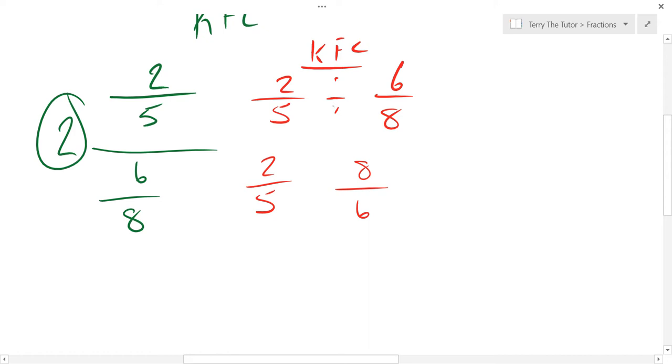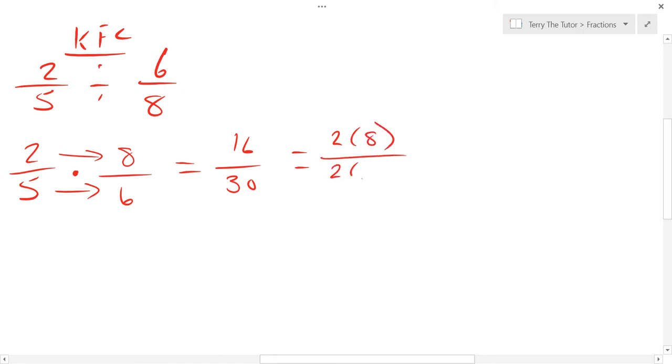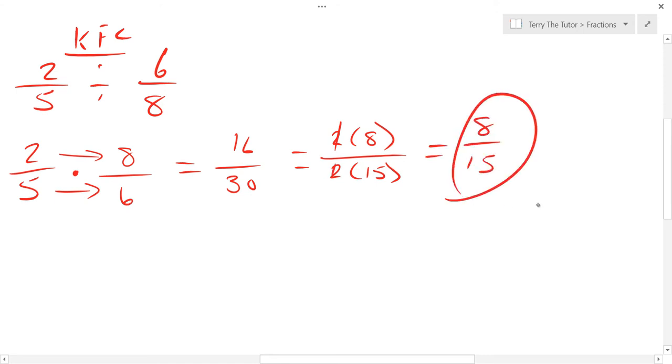I'm going to change the division sign to multiplication. So, multiplying straight across, I get 16 over 30. I can factor out a 2 out of 16 and 30, so 16 is 2 times 8, 30 is 2 times 15, and the 2's cancel. So I wind up with 8 over 15. Beautiful.